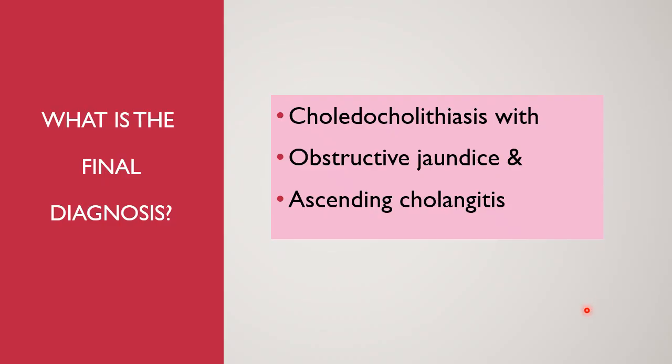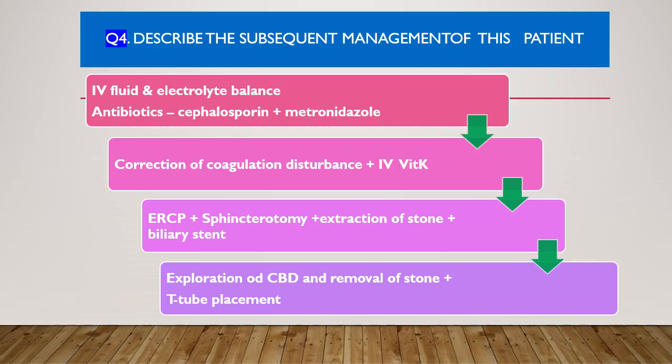So the final diagnosis for this patient from history, physical examination and investigation is choledocholithiasis with obstructive jaundice and ascending cholangitis. With this diagnosis, then we have to go into the subsequent management of this patient.